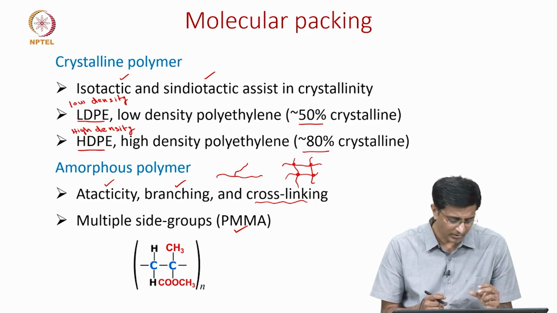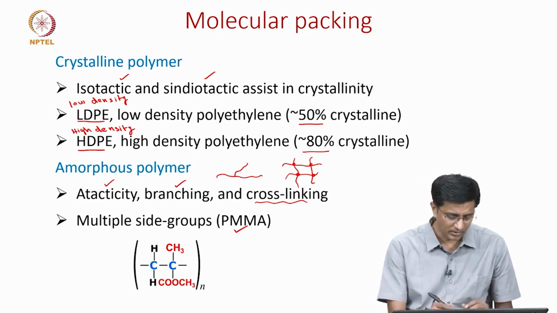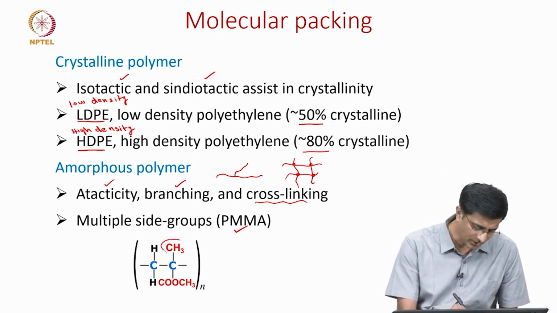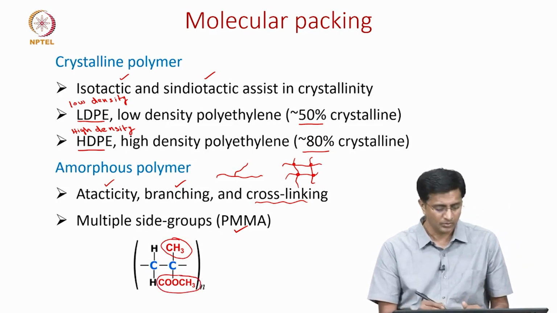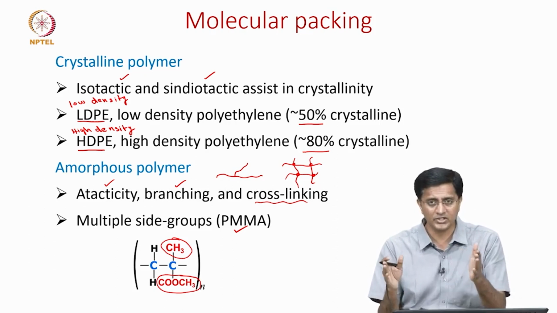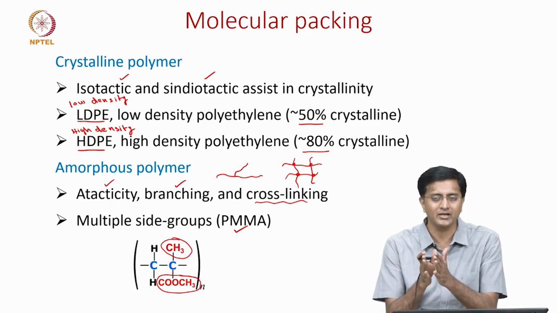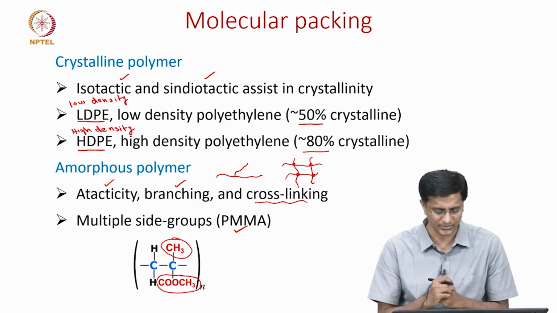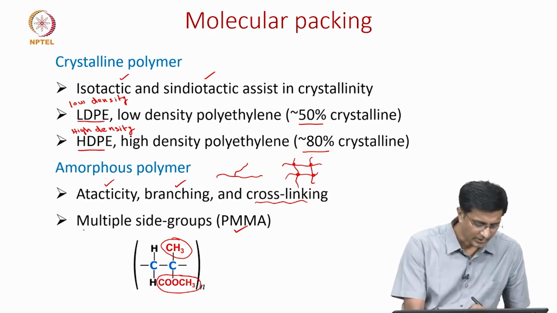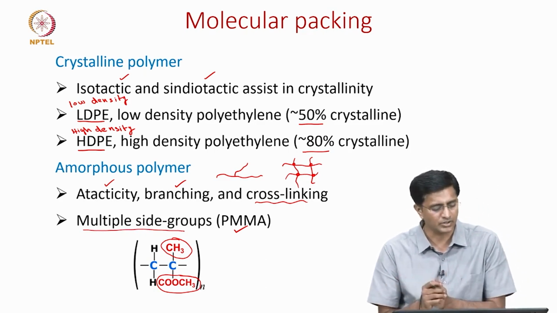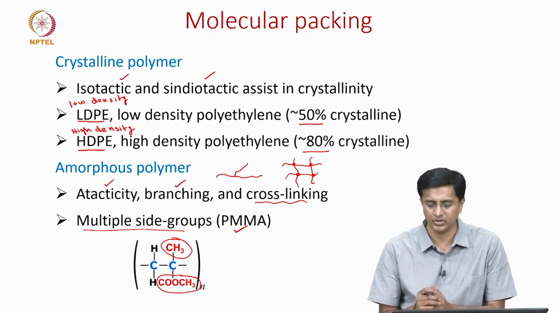But essentially, to see why PMMA ends up as an amorphous polymer, you see there are two subgroups in this polymer chemistry. Because of these two subgroups, it becomes even more difficult for two chains to come and pack in a compact fashion, and for that reason they end up as amorphous polymers. So again, multiple subgroups is another reason why a polymer ends up as an amorphous polymer.